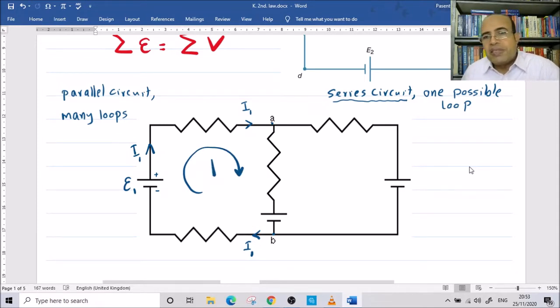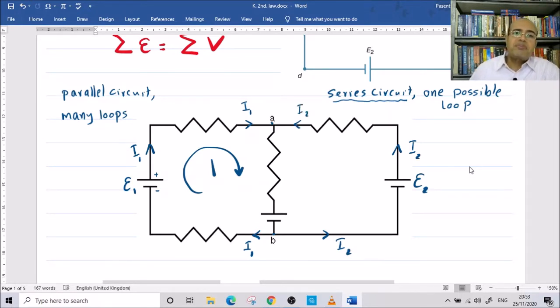Another loop has another cell, E2, with a current denoted by I2. It starts at junction B and ends at junction A. Because of Kirchhoff's first law, at junction A or junction B, the sum of currents in equals the sum of currents out.